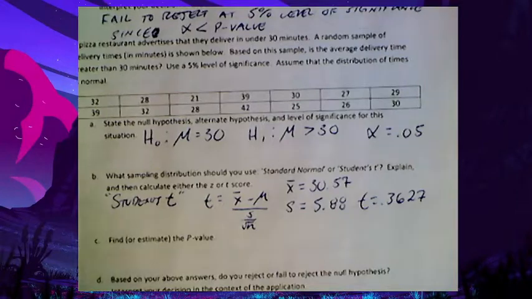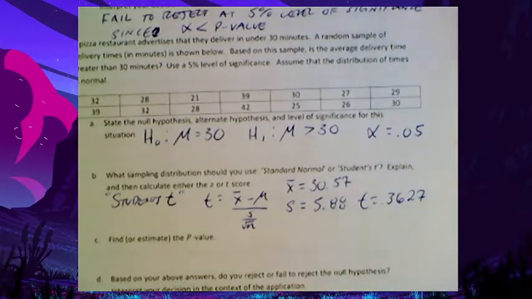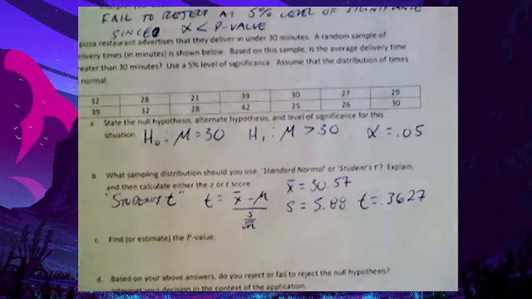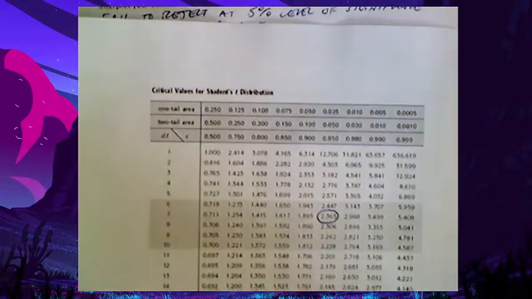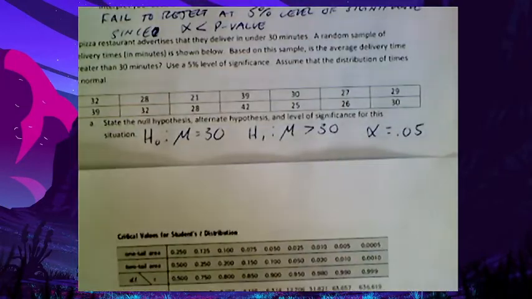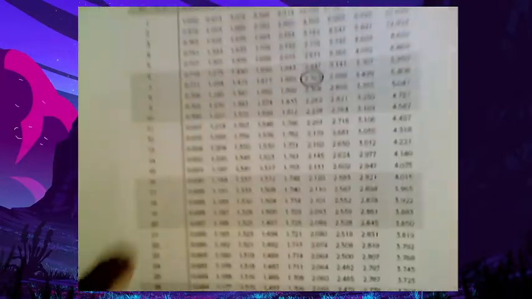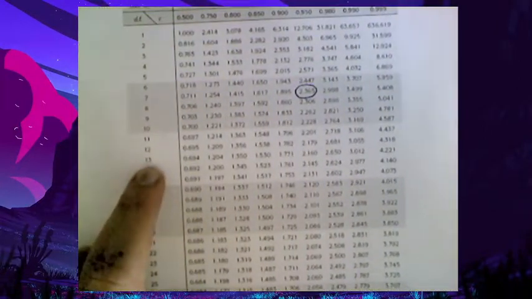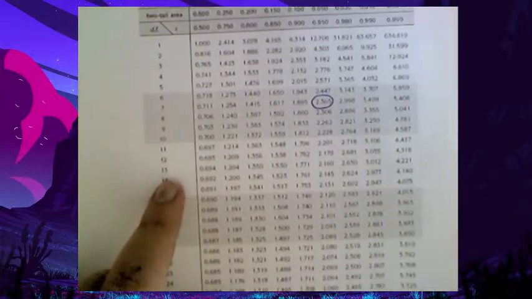So now that we have that t, we need to find our p-value for it. So we're going to go to not our z chart this time, but our t chart, because we're doing a t here. So my degrees of freedom, I have a sample size of 14, so my degrees of freedom is going to be 13. So I'm going to go to my 13 row here, and I'm looking for where 0.3627 would end up being on this.